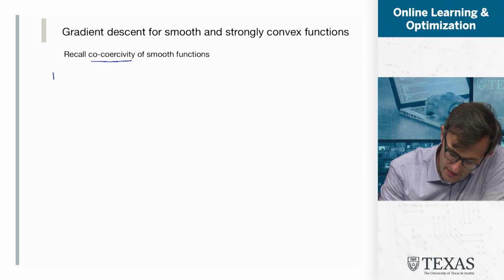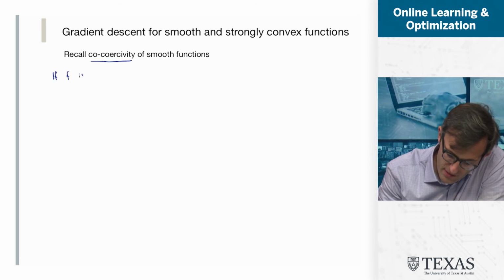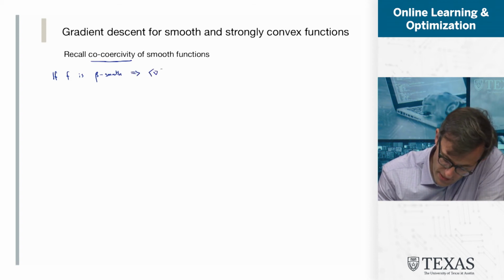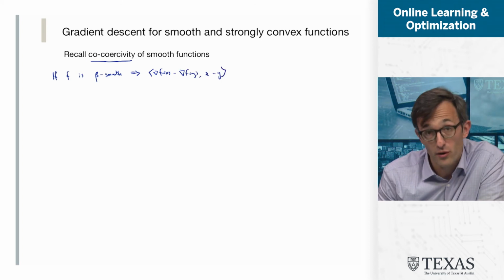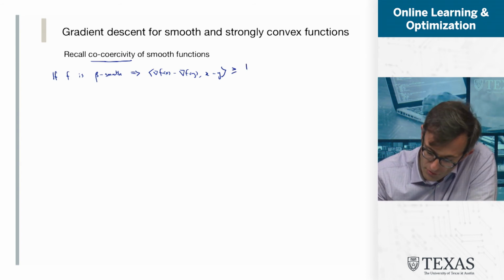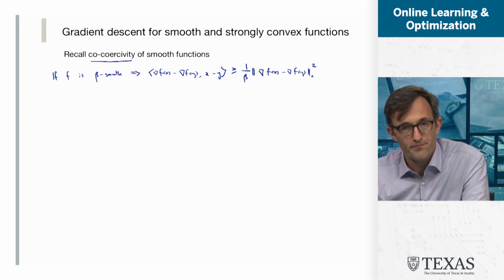It tells us that if f is beta smooth and convex, then the gradient of f of x minus the gradient of f of y dot product with x minus y, ordinarily this is just greater than or equal to 0. In our case, this is greater than or equal to 1 over beta times the gradient of f of x minus gradient of f of y squared. Okay, so we're going to use this.